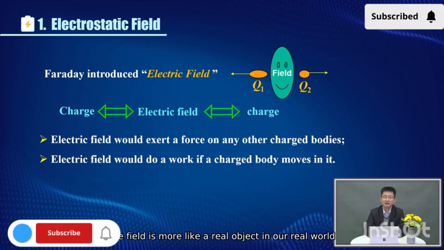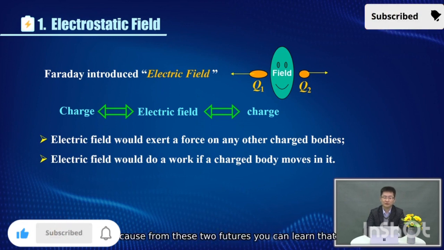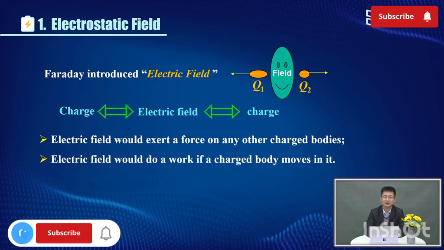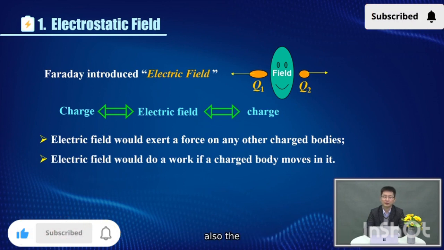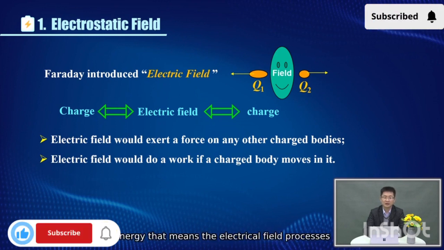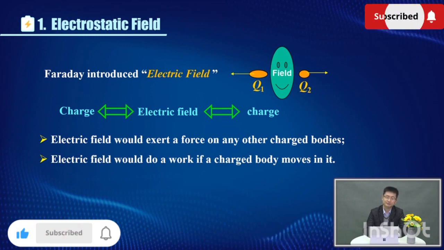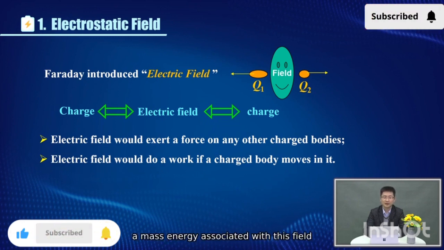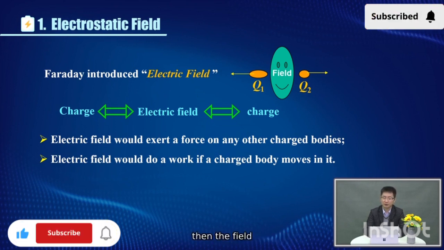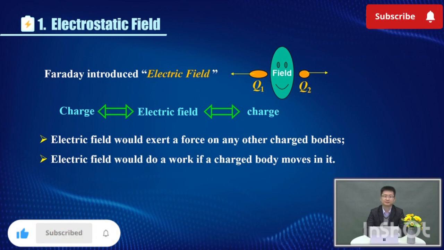The field is more like a real object in our real world, because from these two features you can learn that the electric field can transfer both momentum and energy. That means the electric field possesses energy and momentum. So you can define a momentum, a mass, and an energy associated with this field. Then the field should have no difference compared to a real object.